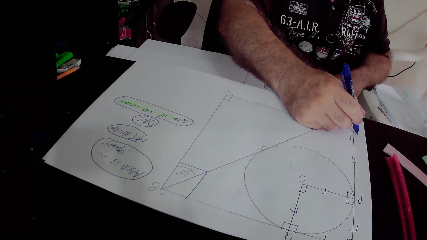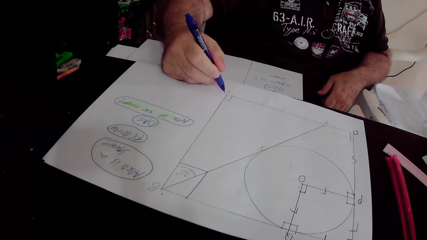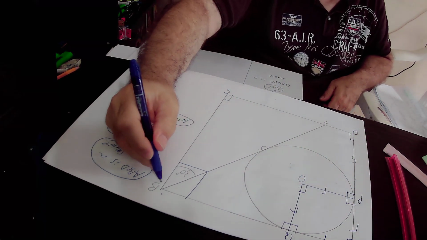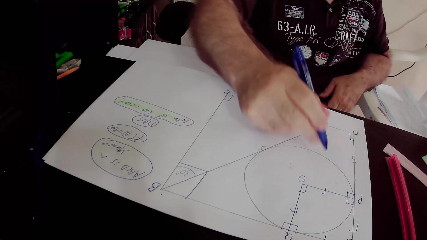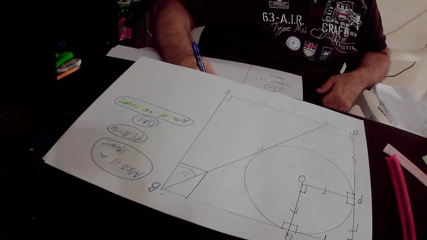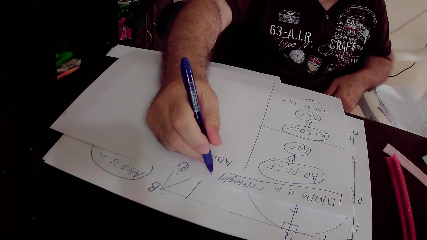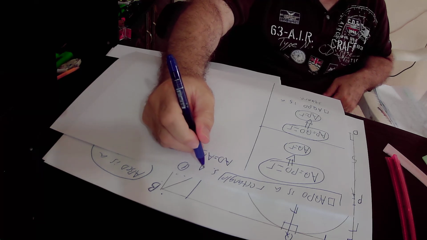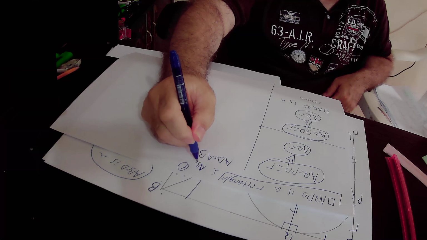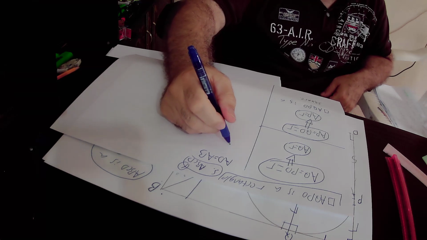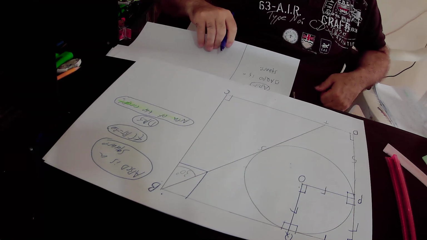That is to say, side AD must be equal to side AB. What is the value of side AD?